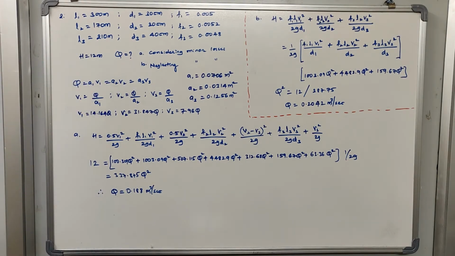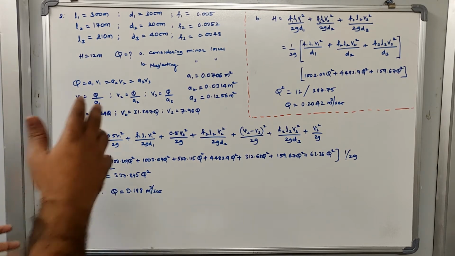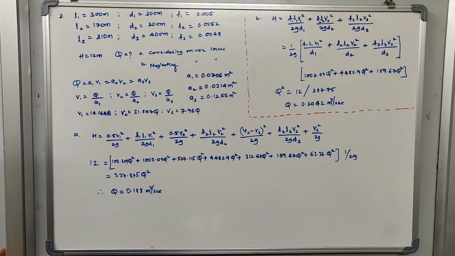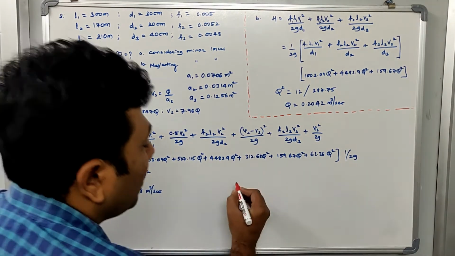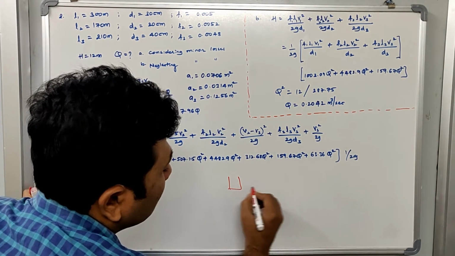In the previous class, or in the previous video, I had explained how the hydraulic gradient line and total energy line will help you solve the problem. So what we'll do is we'll take the basics of what we studied in the previous video, and using that itself we'll try to solve this problem. I hope you remember that there were two tanks.